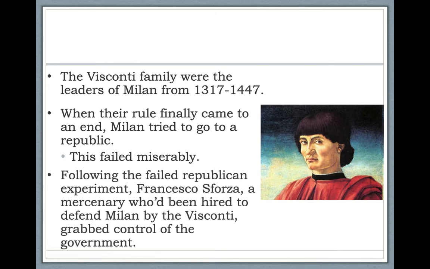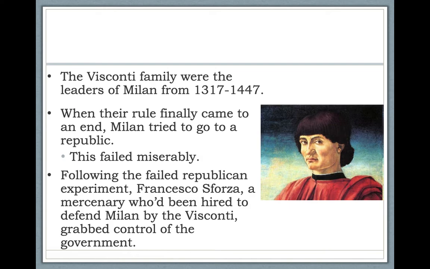After the epic demise or failure of the Republican form of government in Milan, you're going to see the guy on the right, a guy by the name of Francesco Sforza, being hired by the Viscontis, the ones that had been in charge but had slipped from power.